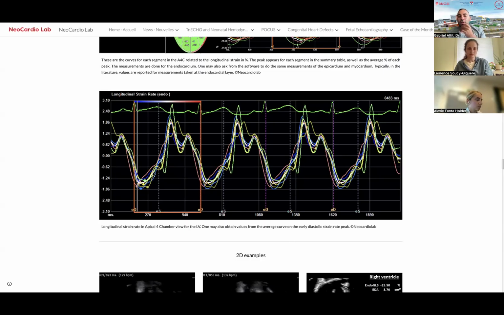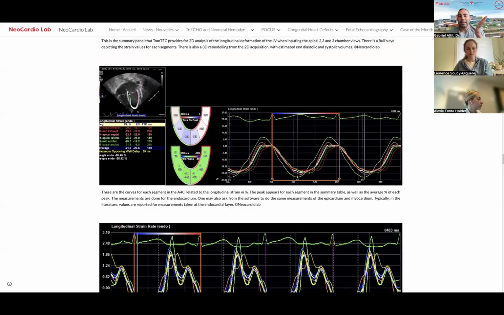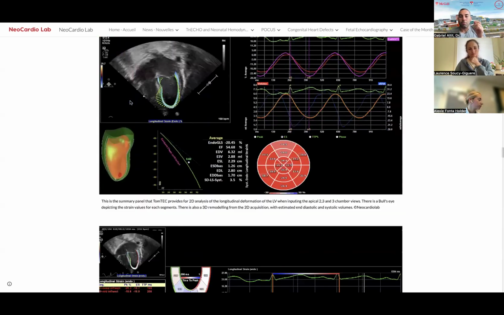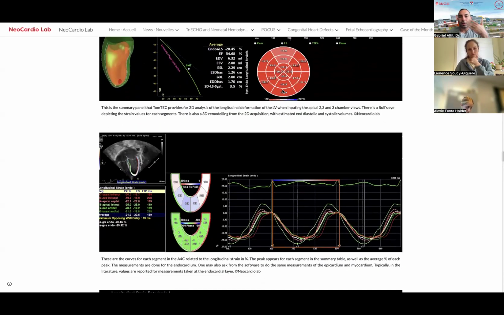And why there's many curves is that typically by convention, the machine will divide the ventricle in segments, the same segments that are typically used for what we call the bull's eye, which is what the American Society of Echo has established. So typically you have your three divisions, the anterior posterior, the laterals, anterior septal, inferior lateral.